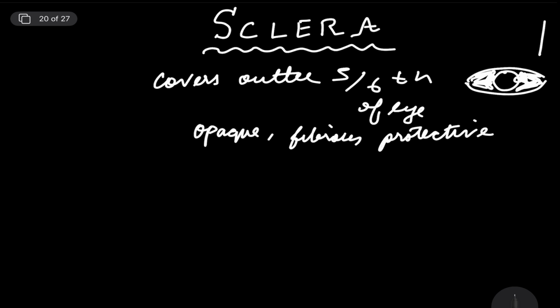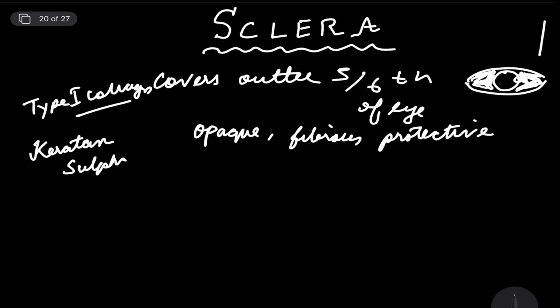We have already seen these facts. The most common type of collagen within the sclera is type 1 collagen. And we also know that the most common glycosaminoglycan present in the sclera is keratan sulfate. These are all one-liners that we should be acclimatized to. So these are some basic facts about the sclera.